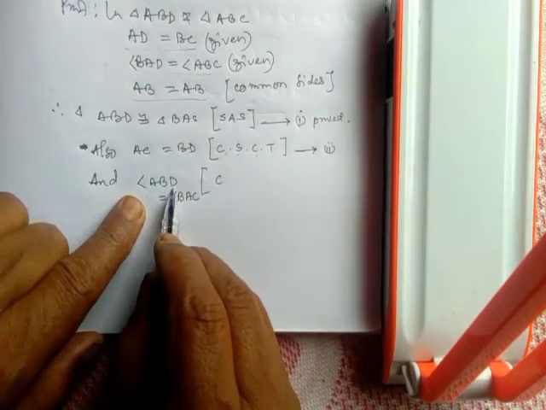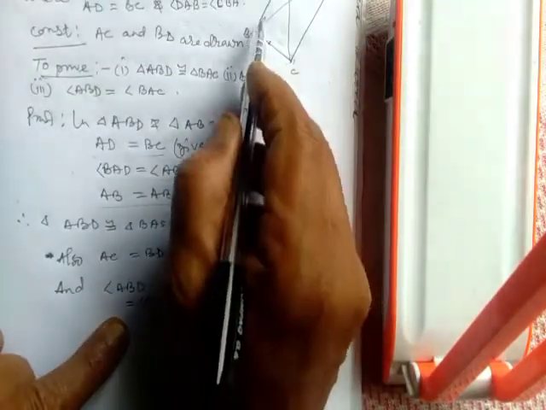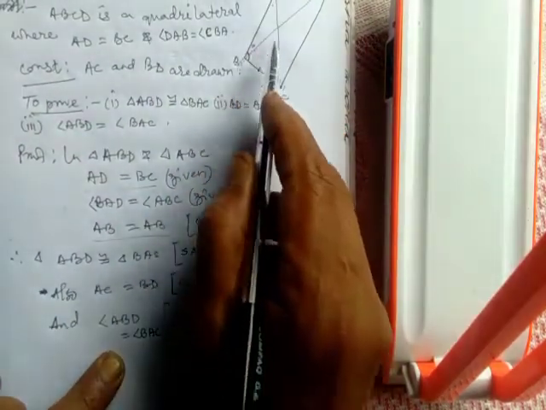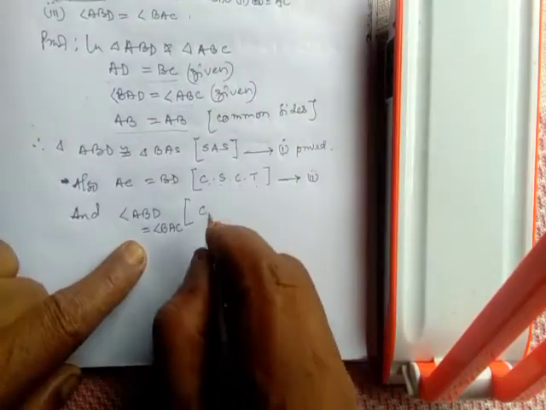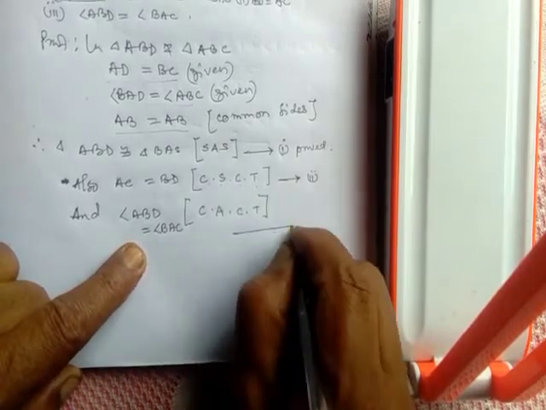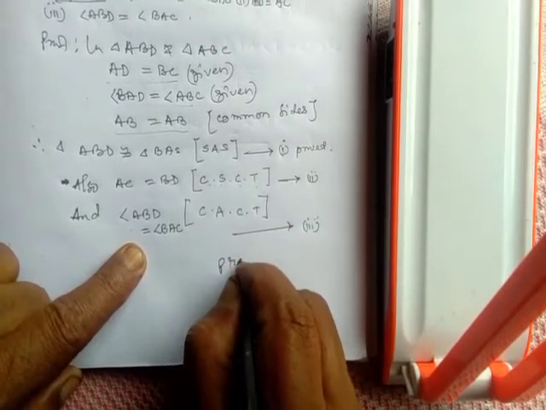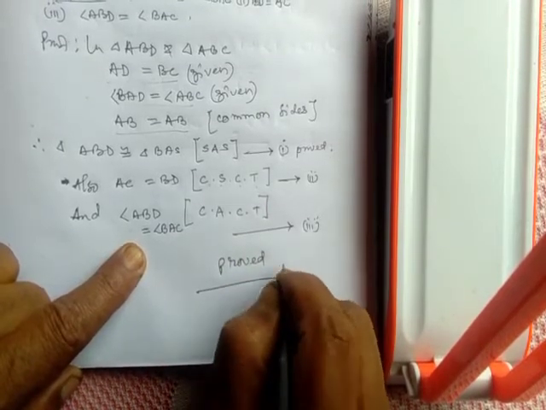Angle ABD is equal to angle BAC. Why? They are corresponding angles of congruent triangles. This is the third proof. So this is proved.